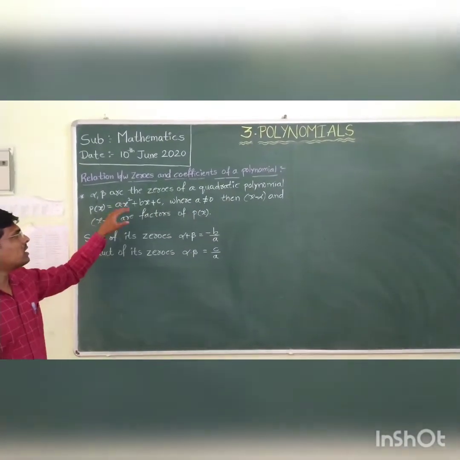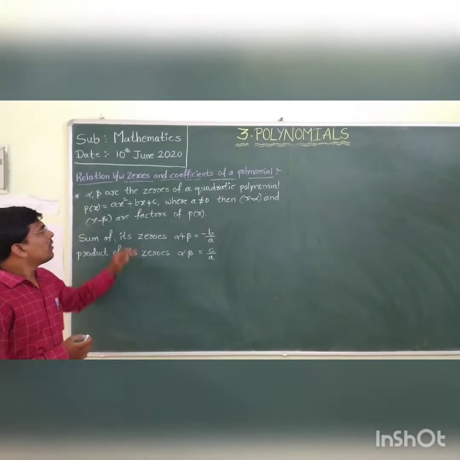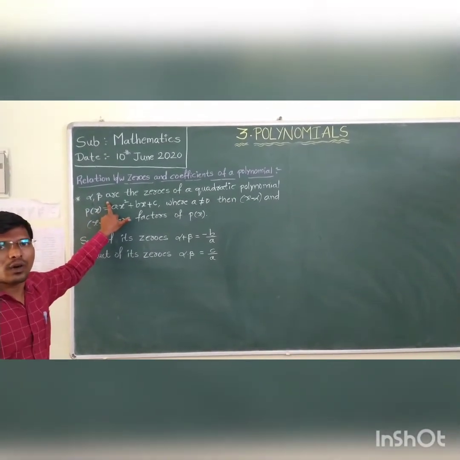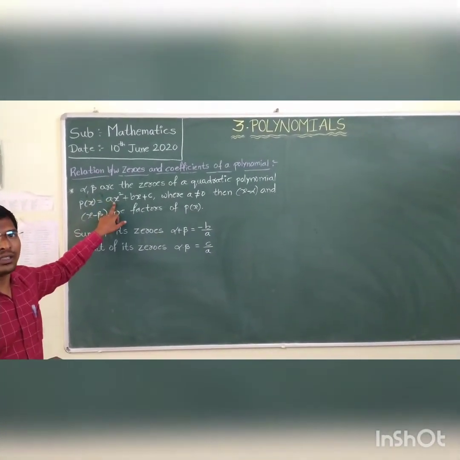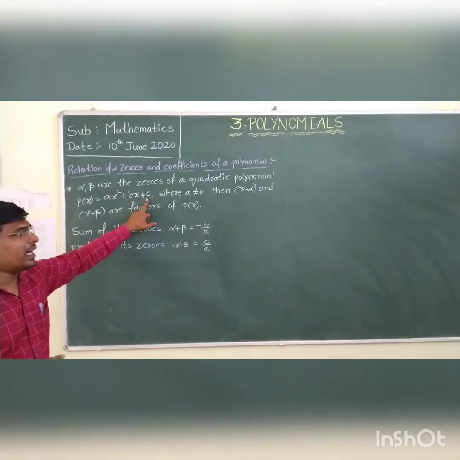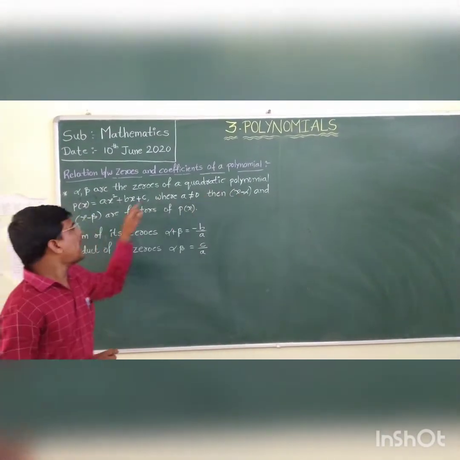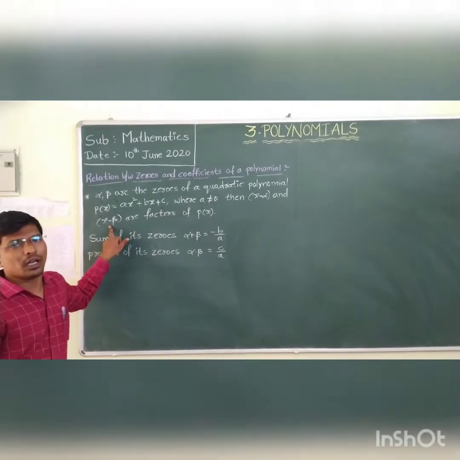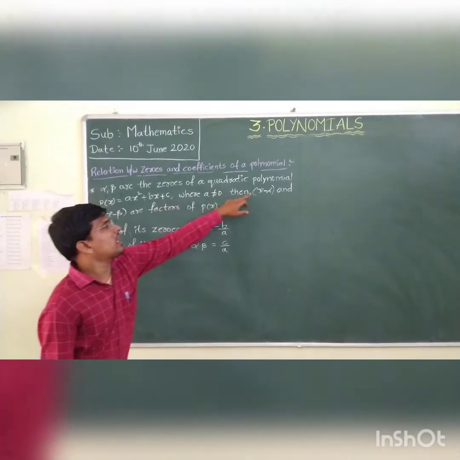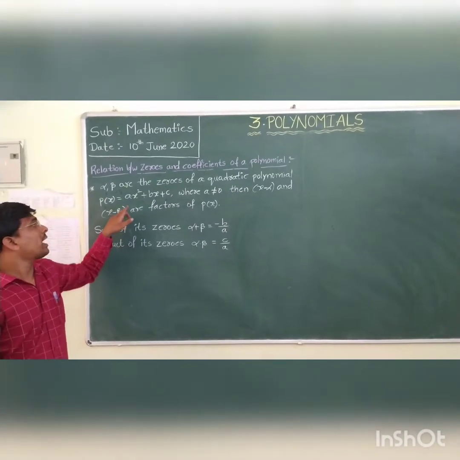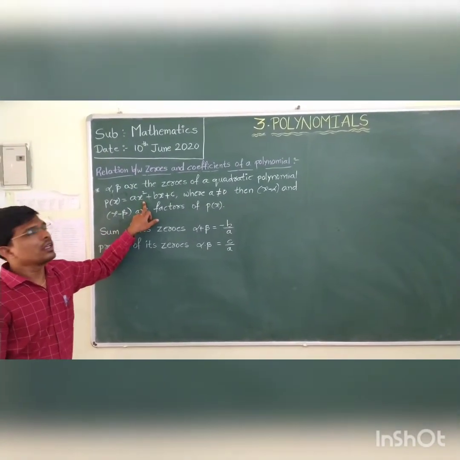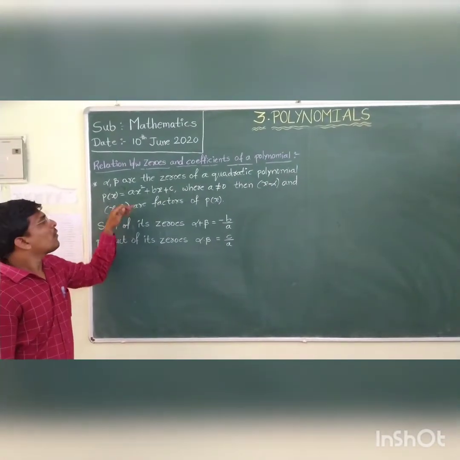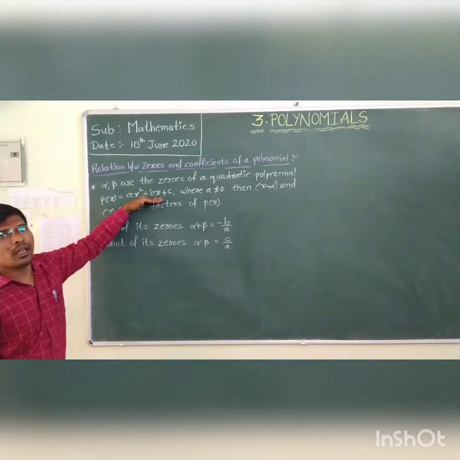So here the statement is saying, when alpha and beta are the zeros of a quadratic polynomial, then x minus alpha and x minus beta are factors of the given polynomial. If you multiply x minus alpha and x minus beta, we will get this polynomial.